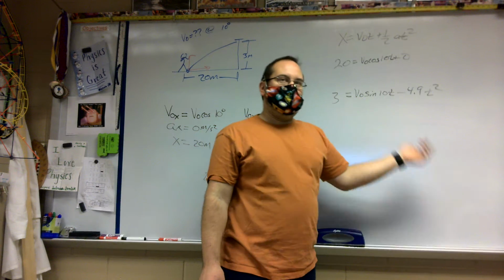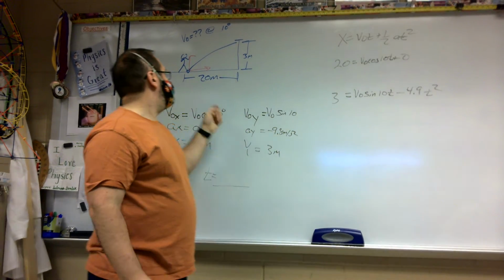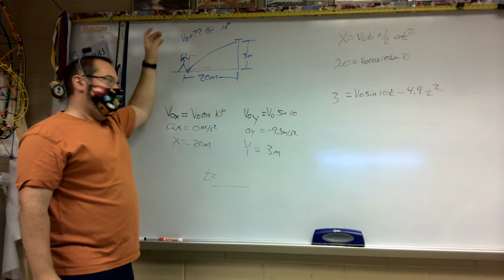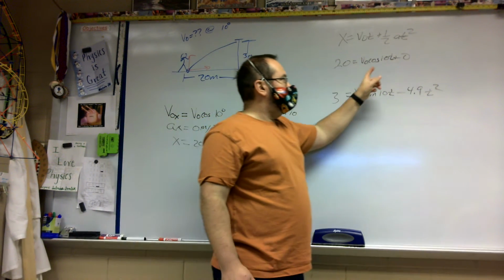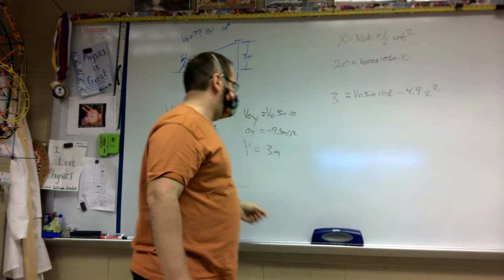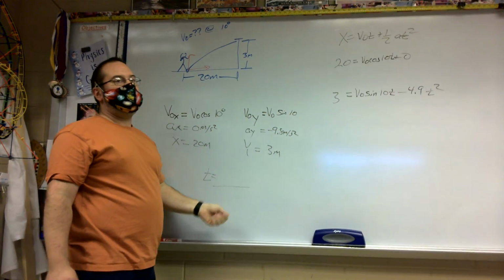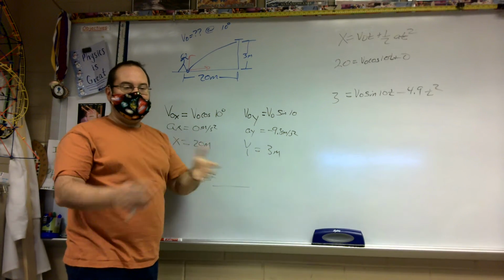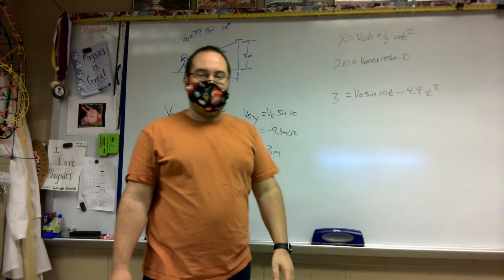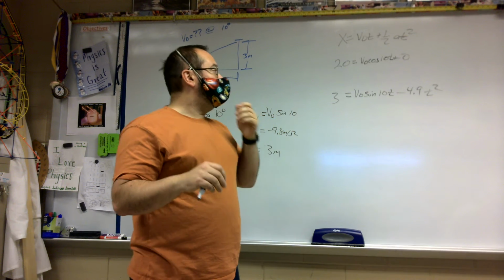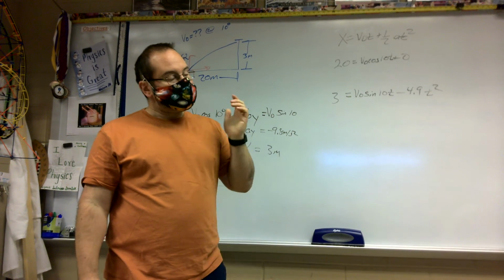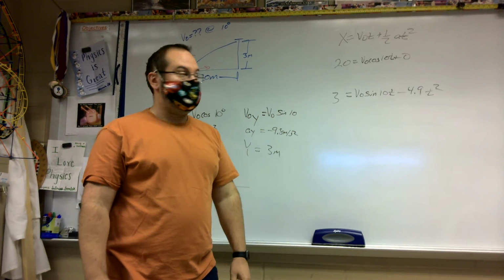The advantage of solving for v initial is that you get the initial velocity right away. The disadvantage of using t is that you get t, and then you have to do another equation to get v initial. In the end, it's about the same amount of time either way. I am going to solve for v initial, but you could solve for t and get the same exact answer.